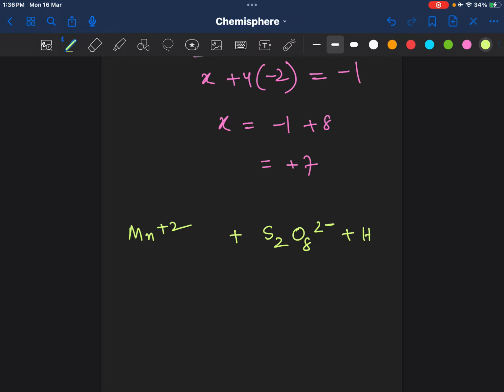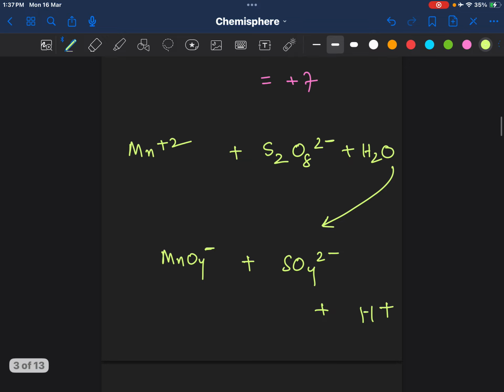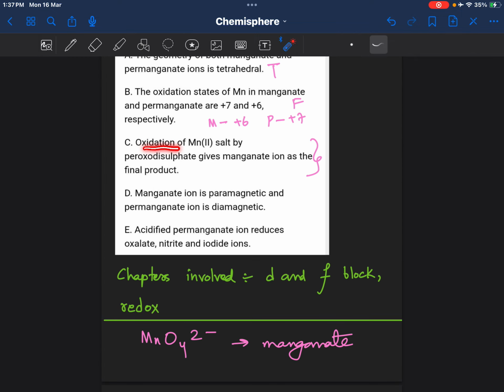We get MnO4 minus, SO4 2 minus and H plus ions. This is not balanced, but according to the statement, it gives manganate. No, it gives permanganate. So this is a false statement.